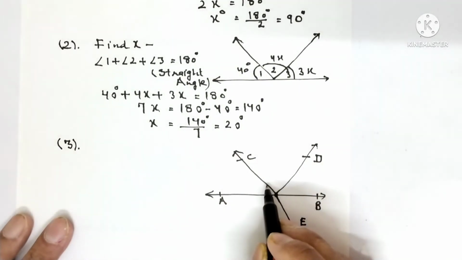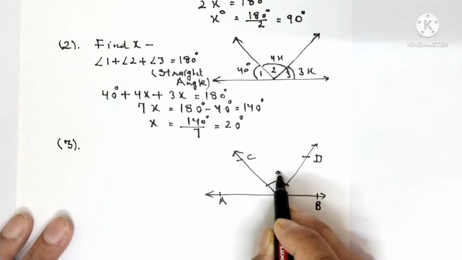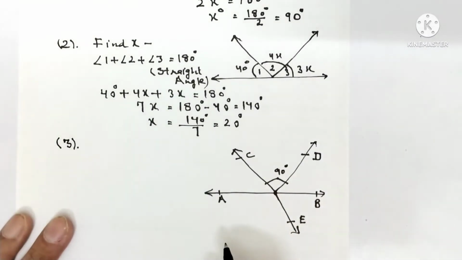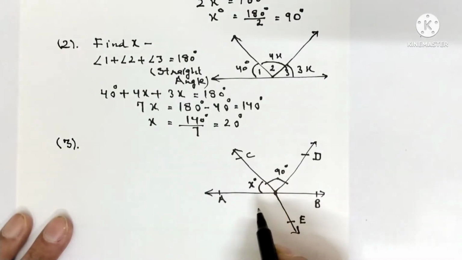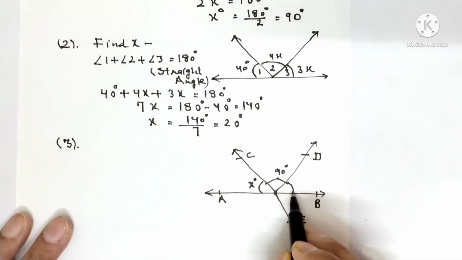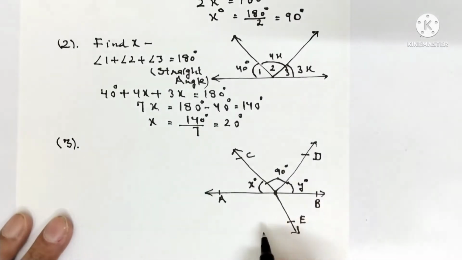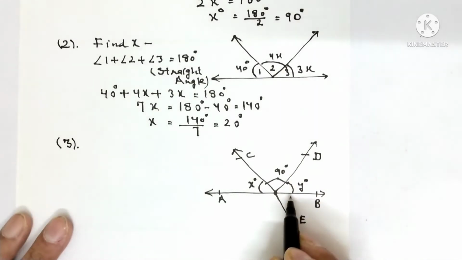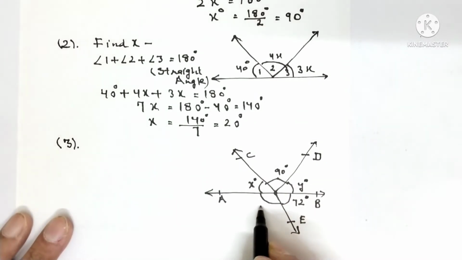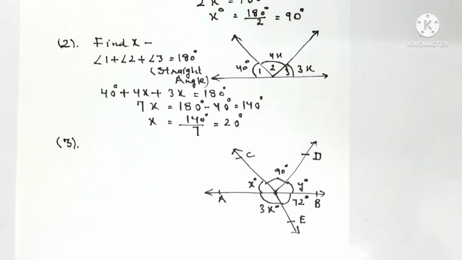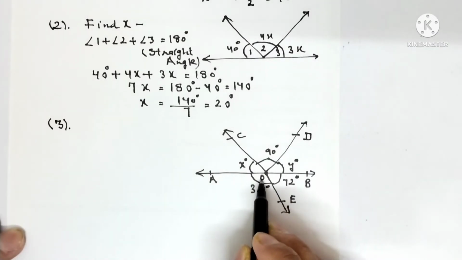Now the angles which are written, here is written 90 degree, here is written x degree, here is written y degree, here is written 72 degree, this is 3x degree, this is O point.